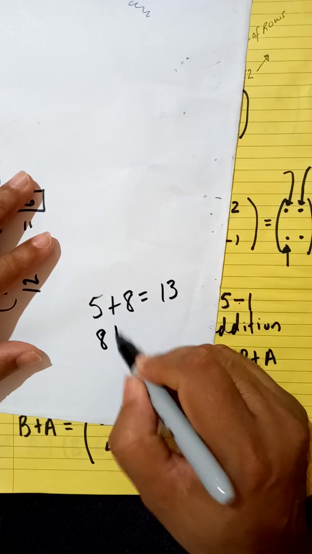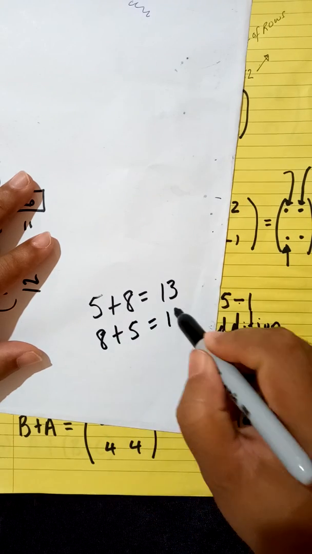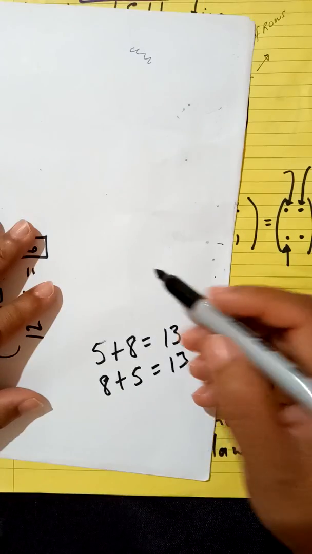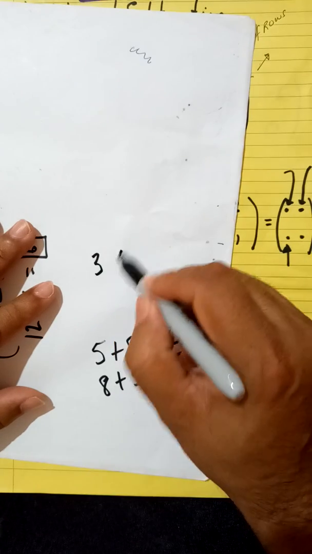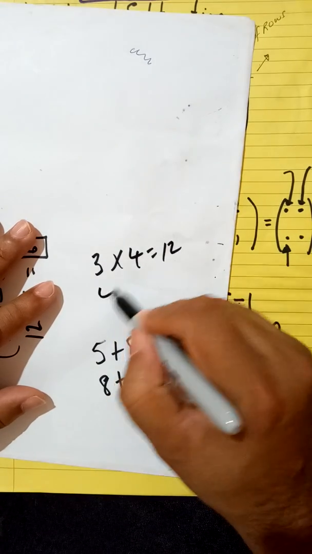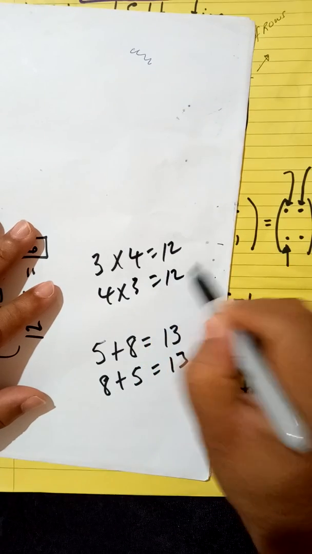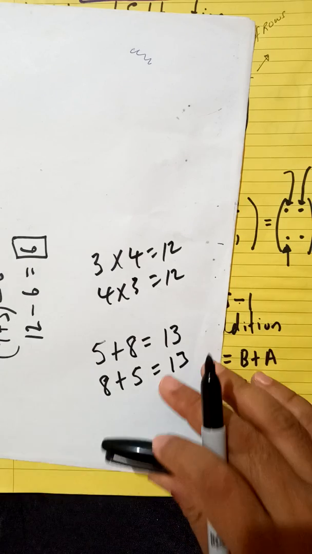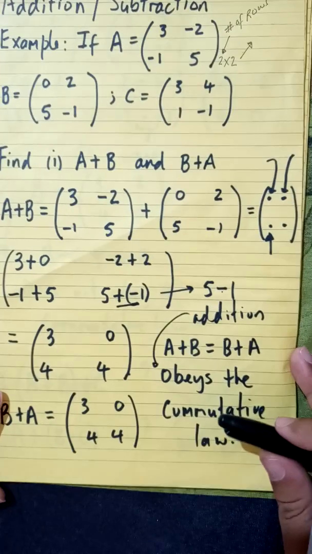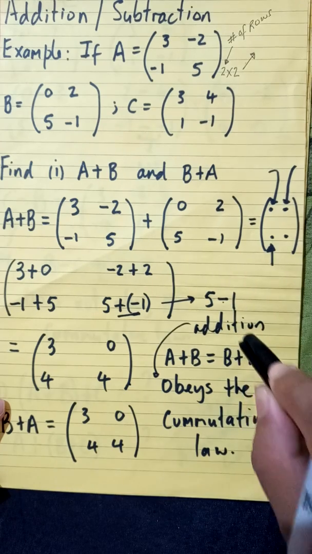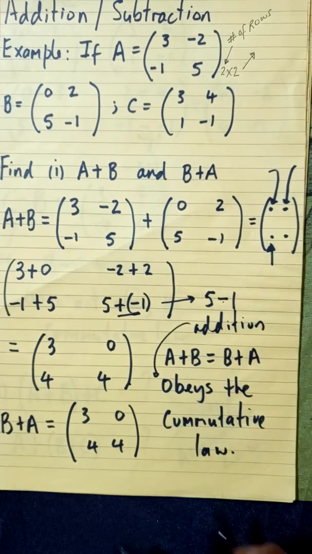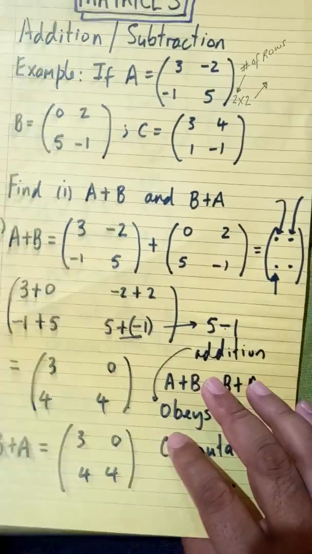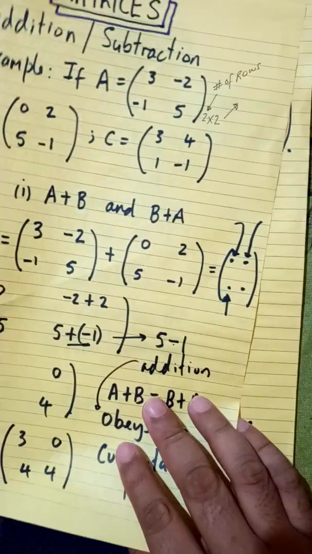If I flip it around, 8 plus 5 is also 13. So addition of integers obeys the commutative law. Look at this: 3 fours is 12, 4 threes is still 12. So addition of matrices obeys the commutative law. So that's that.